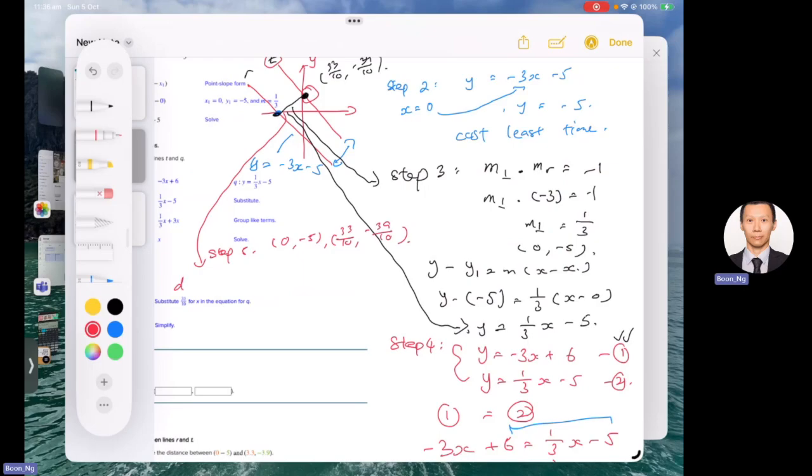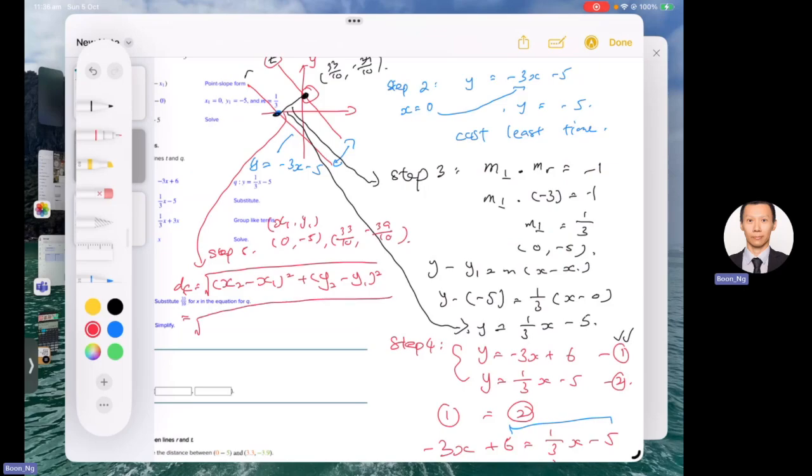So what we need is d equals square root of (x2 minus x1) squared plus (y2 minus y1) squared. It doesn't matter which one is x1. I set this to be x1, y1.